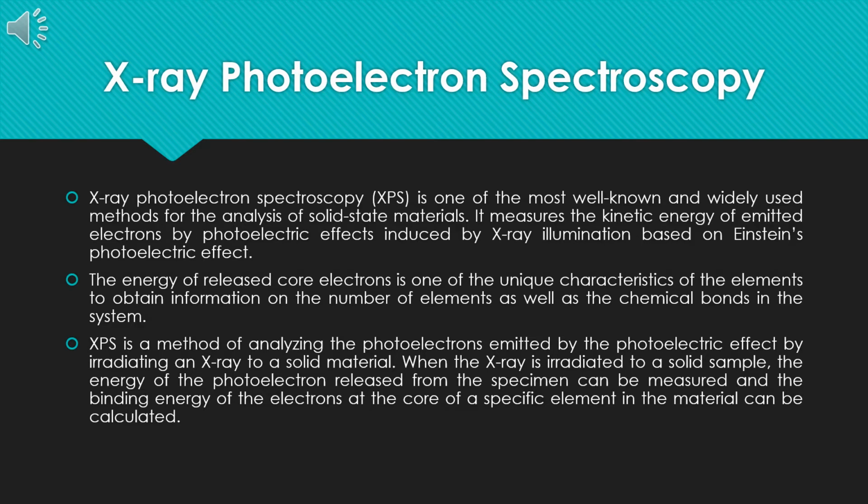It measures the kinetic energy of electrons emitted by the photoelectric effect induced by X-ray illumination, based on the instant photoelectric effect. The energy of the released core electron is one of the unique characteristics of the element, to obtain information on the number of elements as well as the chemical bonds in the system.